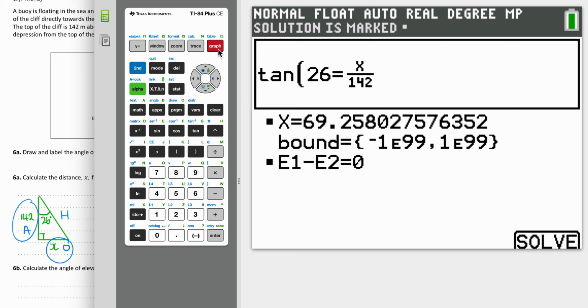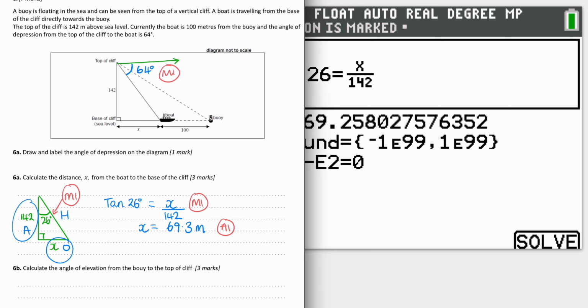And that is meters, as we're told in the question we're working with meters, so 69.3 meters. For this one, it's 3 marks. One is for the answer, one is for the correct use of tan, and the other is for finding that 26 as the angle that I need to use in the triangle. So we can see there where the marks are given.